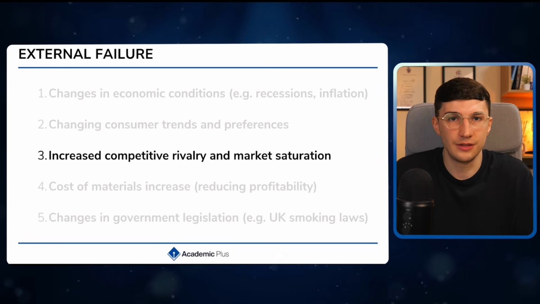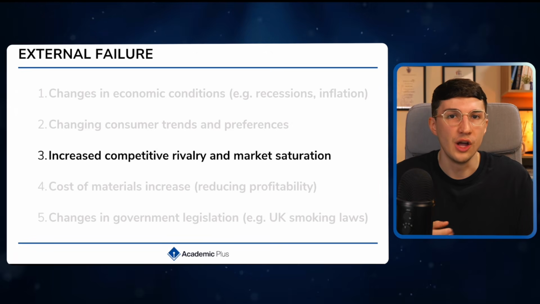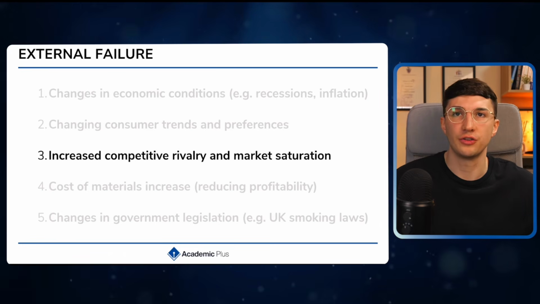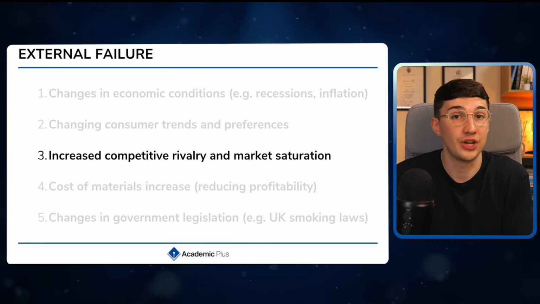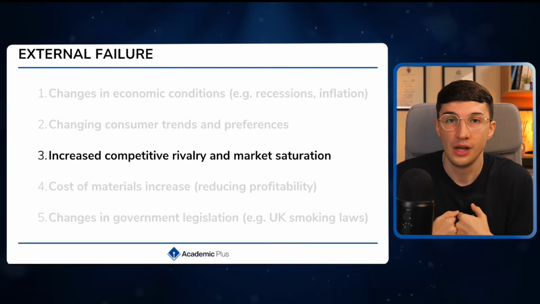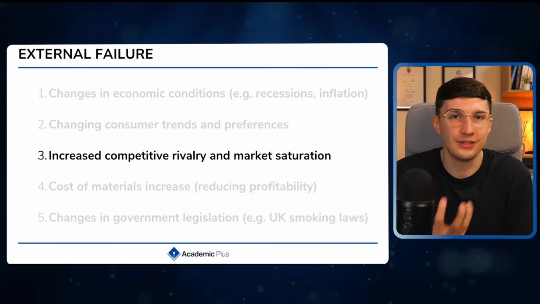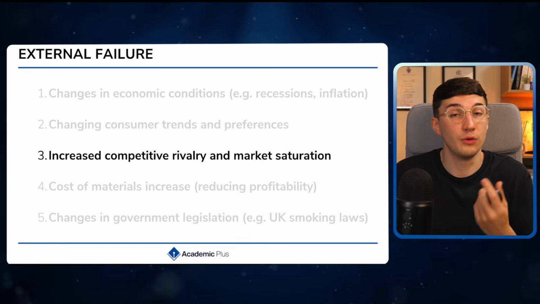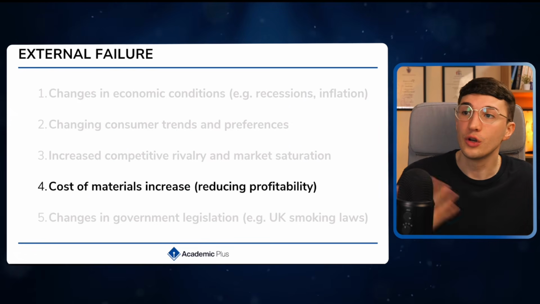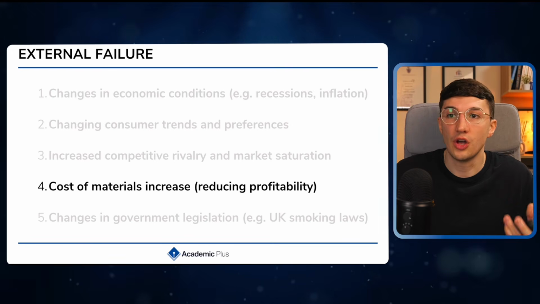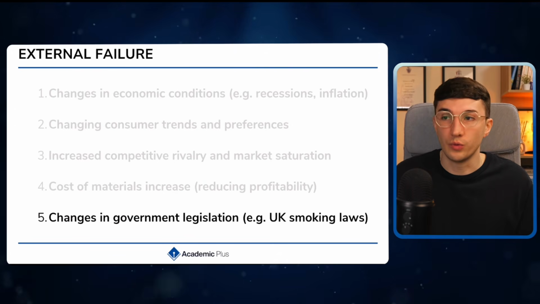If the intensity of the competitive rivalry is too high, we find price wars, we find that our larger competitors are innovating so much into differentiation that we can't keep up. And the market may just be too saturated. There may be too many businesses entering that market and not enough customers to go around. We can look at the cost of materials increasing, relating to inflation, so overall our profitability would reduce.